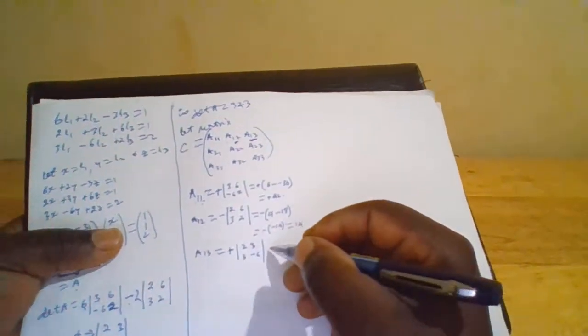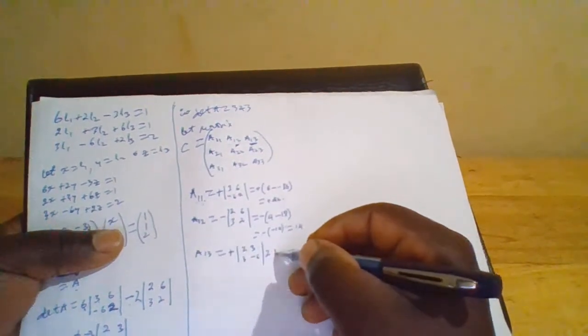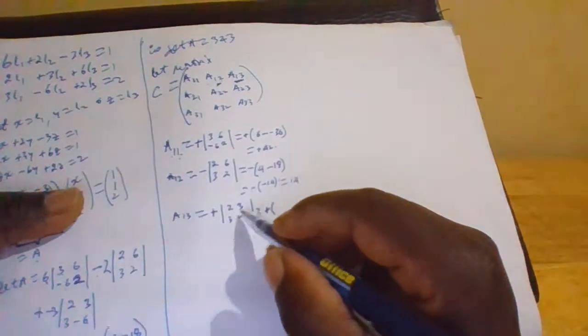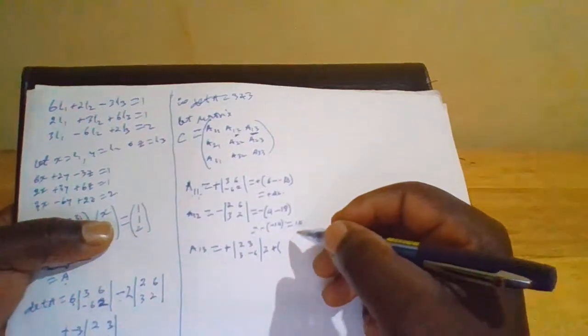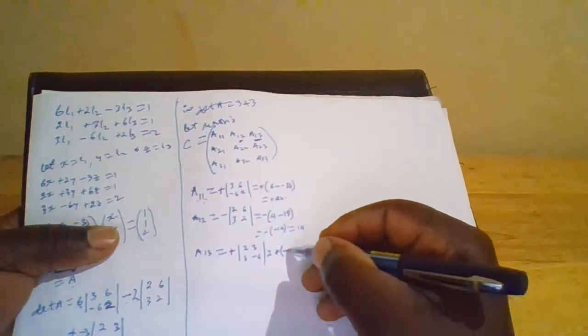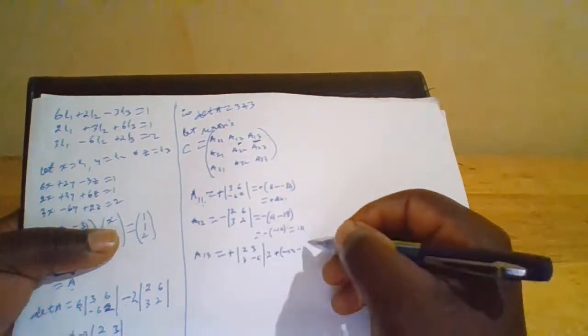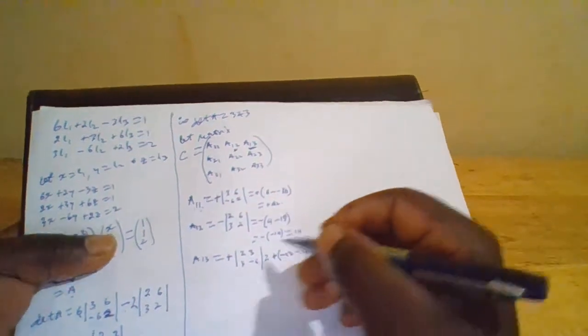So this equals plus, then we have negative 6 times 2, we have negative 12, minus 3 times 3, it's 9.